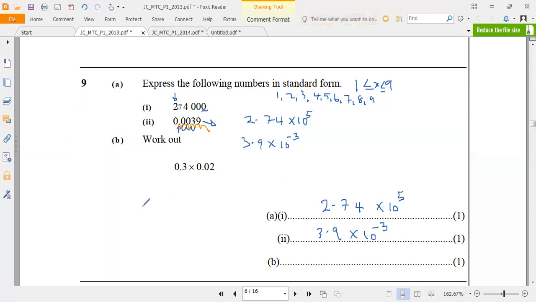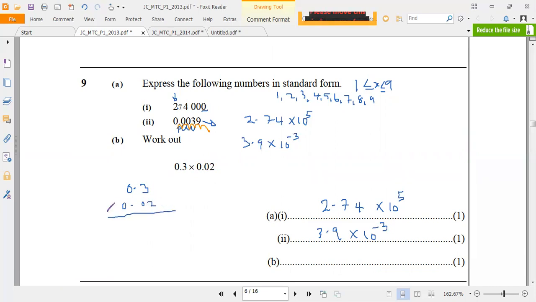Then lastly, let us work out this and stop here for today. Work out 0.3 multiplied by 0.02. We are supposed to multiply this. Remember, you're not supposed to use a calculator here. So you can first rearrange them, 0.3 and 0.02.